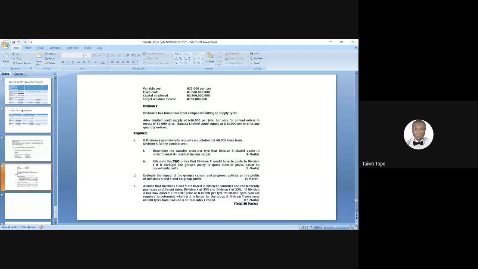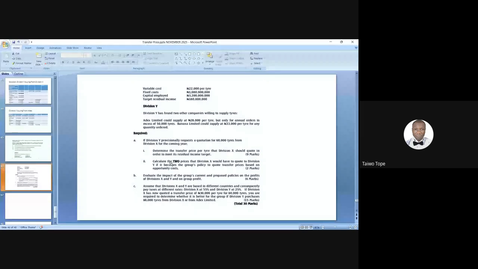3,150,000,000. Because we are trying to determine the transfer price that will be suitable for us to meet our target residual income, we will now, from the overall revenue, deduct the revenue we generated externally.